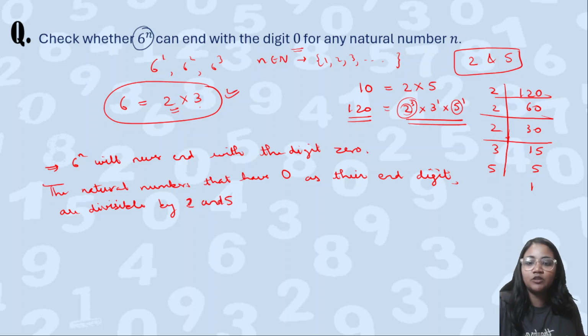They must be divisible by 2 and 5 both. But here you can see that 6 is not divisible by 5.